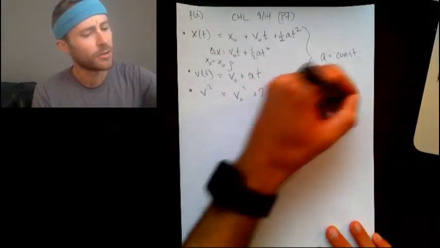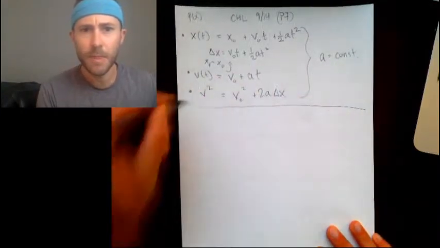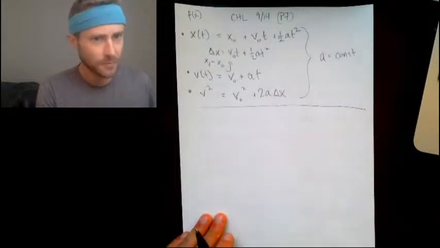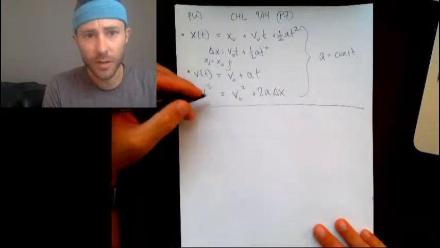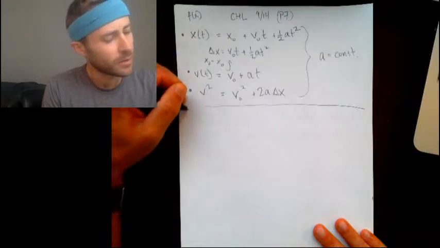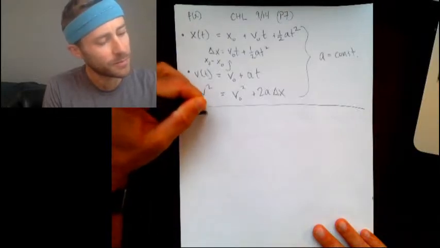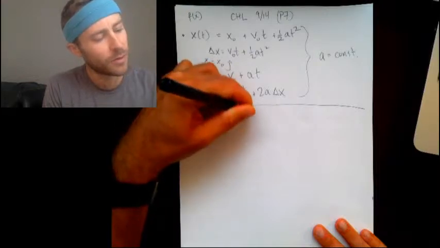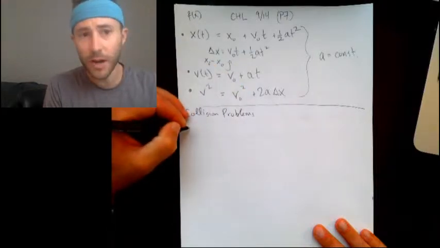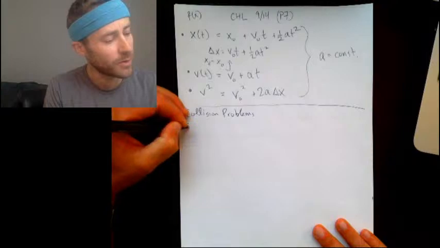Okay, so back to our question. The first type of question that we're going to talk about is collision problems. So let me go ahead and write a collision problem as an example, okay?